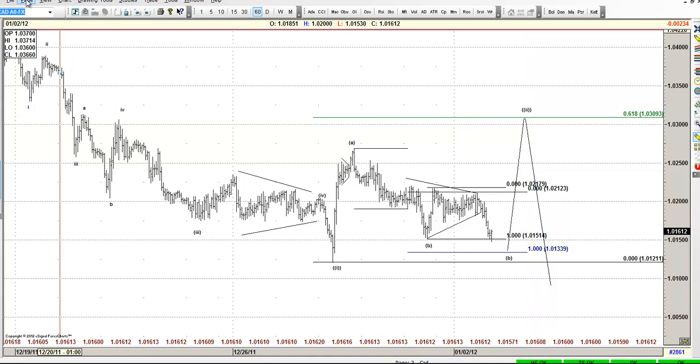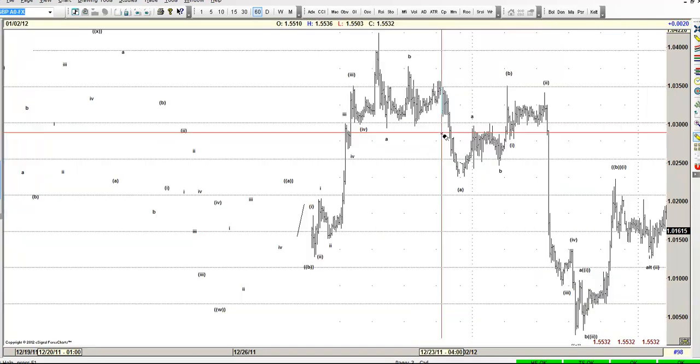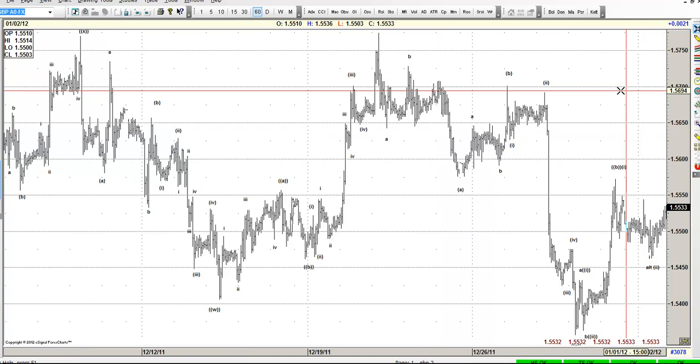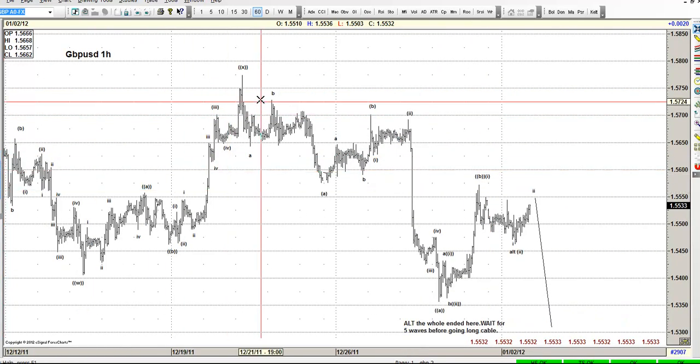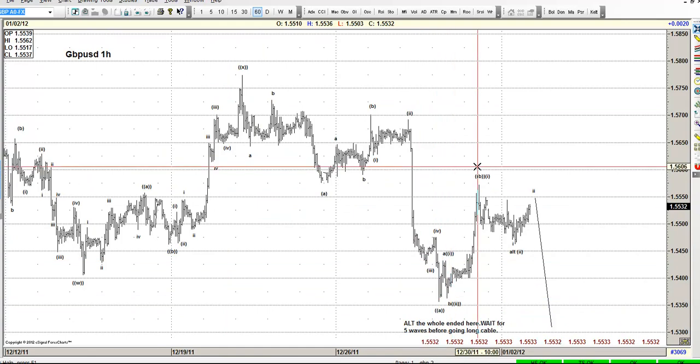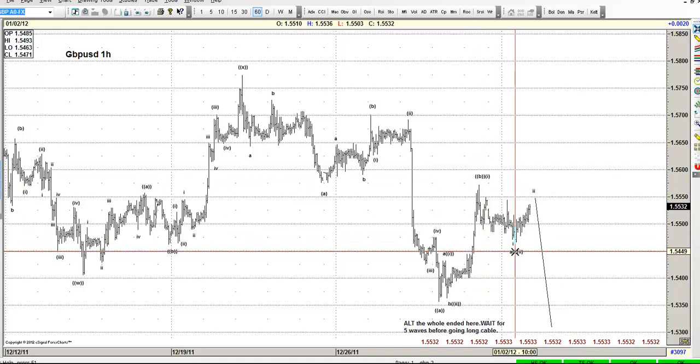Now, when it comes to the non-metal pairs, we're going to start with cable. What do we see in cable? What we see from the lows in cable is a 3-wave move. But this decline is in 7 waves and is not fully corrected.